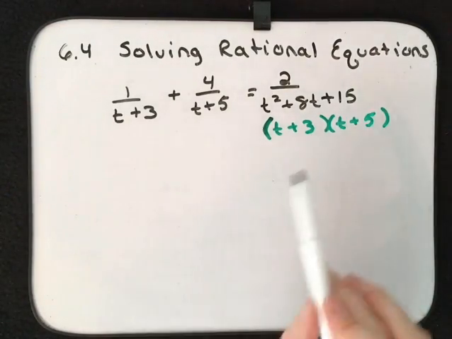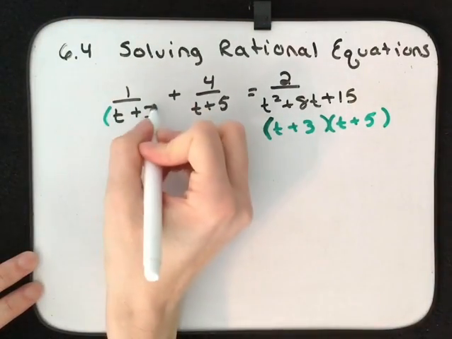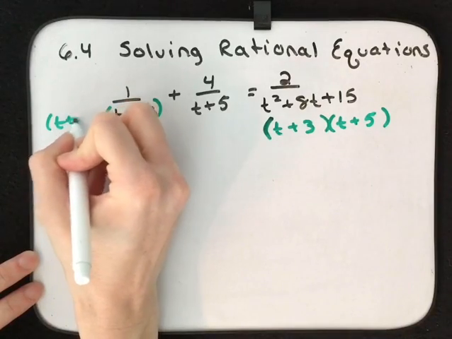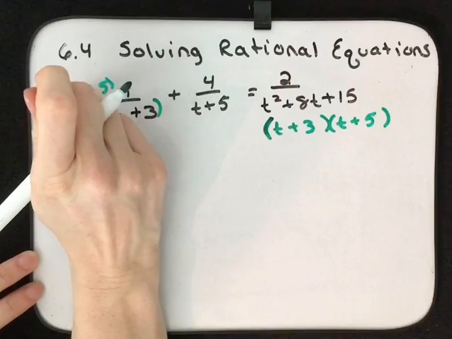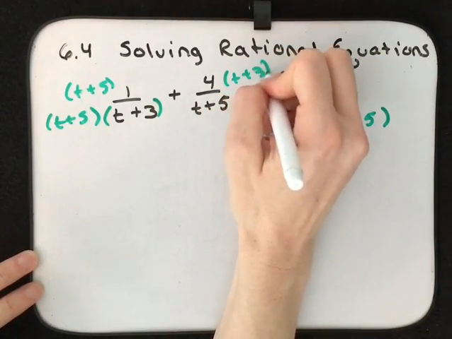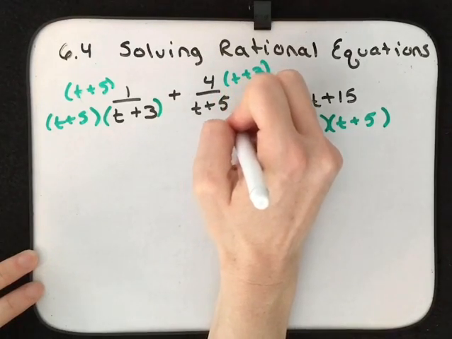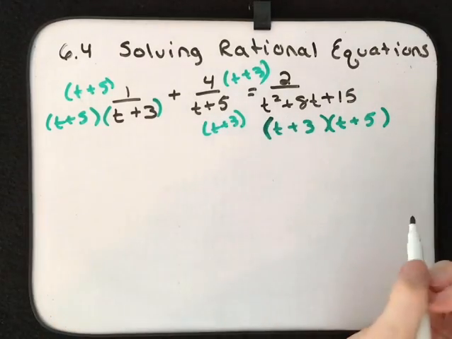Our common denominator, let's use (t plus 3) times (t plus 5). That means this piece needs a t plus 5, and this piece needs a t plus 3. Then we have our common denominator all the way across.